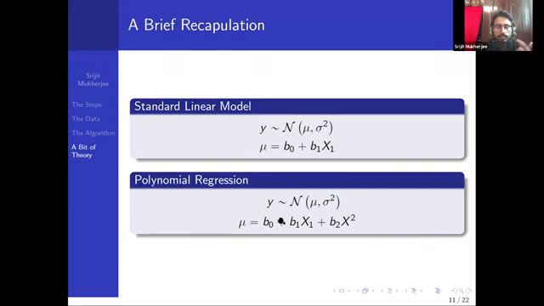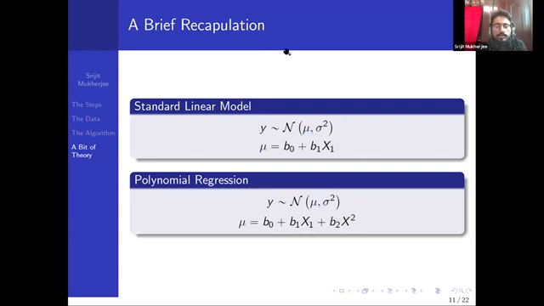So y given x is seen as a function of the x's. These are the two basic models that we know. This will be x1 over here, sorry.